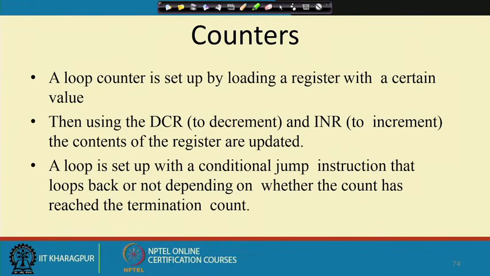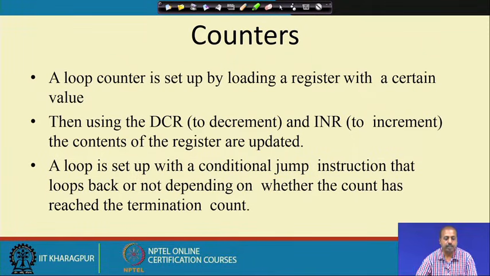So, we initialize some register to some value, and then we use the decrement and increment instructions to decrement or increment the register that has the value. DCR and INR are the 2 instructions that we have for this purpose. A loop is set up with a conditional jump instruction that loops back or not, depending on whether the count has reached the termination count or not.